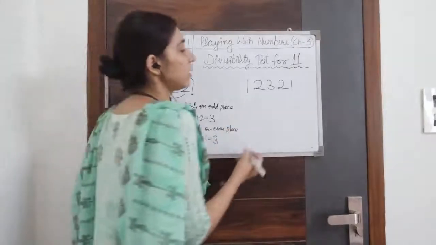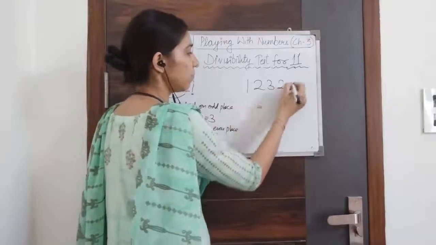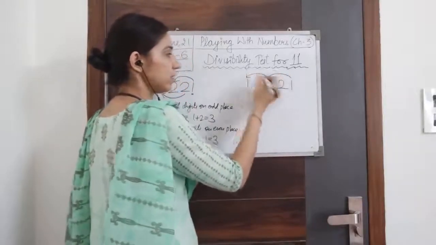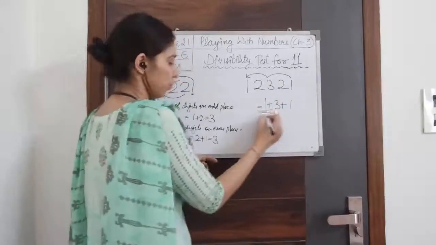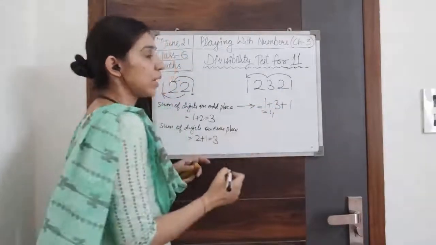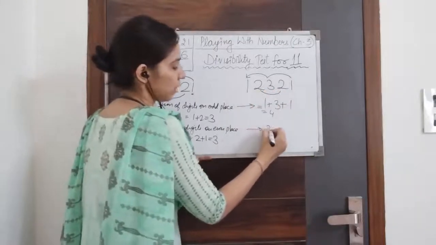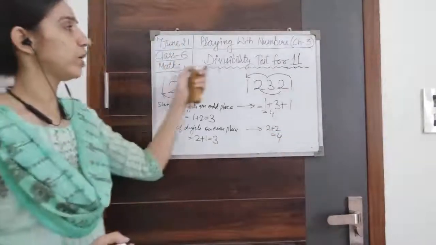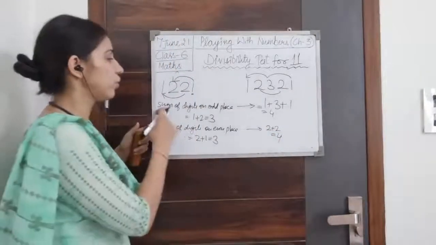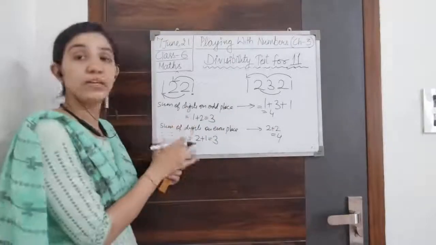ऐसे ही इसके लिए भी ट्राई करते हैं. इसमें देखो सम ऑफ डिजिट्स ऑन ऑड प्लेस क्या होगा, 1 + 3 + 1 दैट इज 4. ये है सम ऑफ डिजिट्स ऑन इवन प्लेस 2 + 2 दैट इज 4. अब divisibility test for 11 क्या है, you will calculate these two and after calculation you will find the difference.